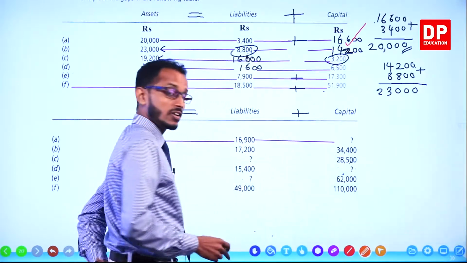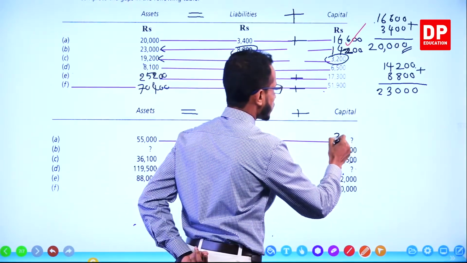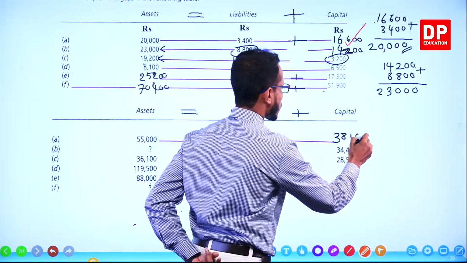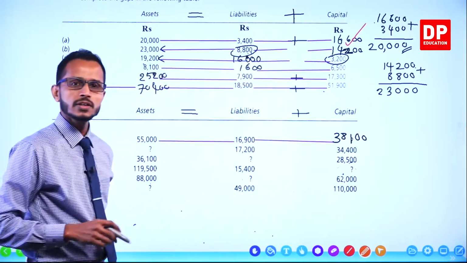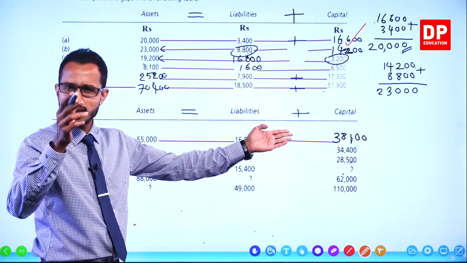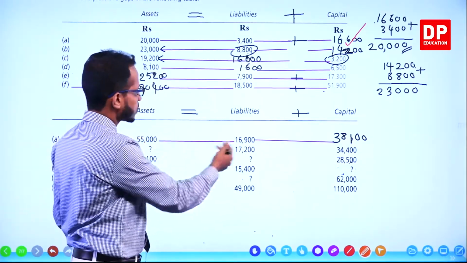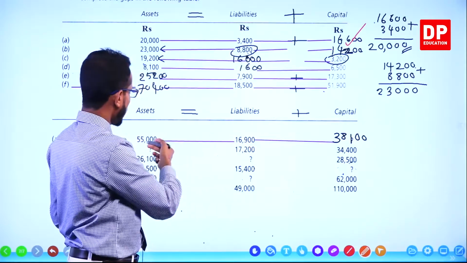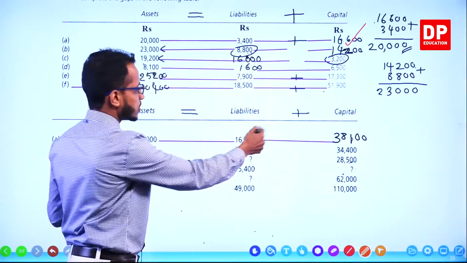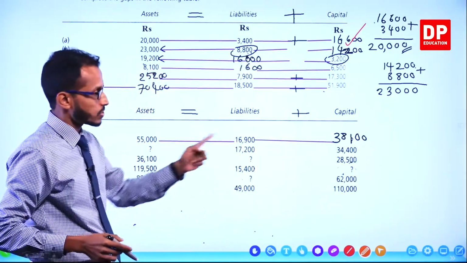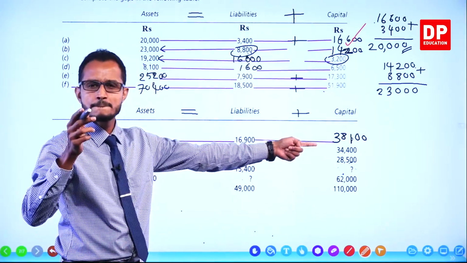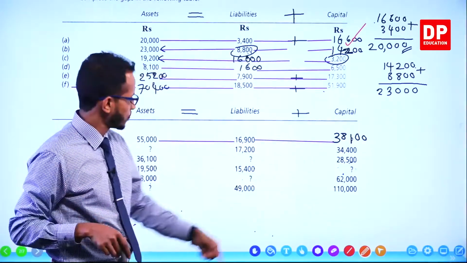I don't know whether you have got the correct answer. I got 38,100. Did you get that? 55,000 assets. Only 16,900 out of that is liabilities. The remainder is 38,100. Correct, right?